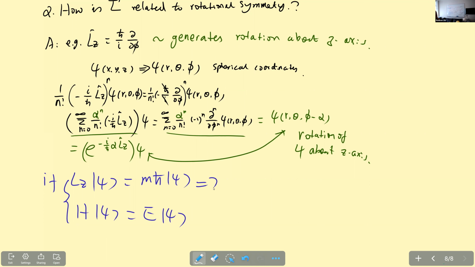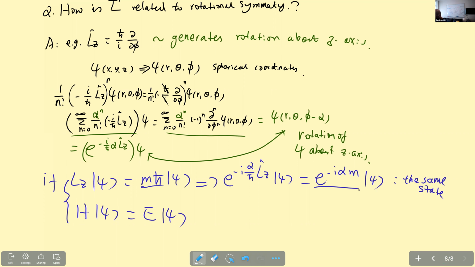From this, you know that e to the minus i alpha over h bar Lz acting on psi is a rotation, right? Because this is an eigenstate, that equals e to the minus i alpha m times psi. Okay? This is the same state, because there's only a global phase factor.